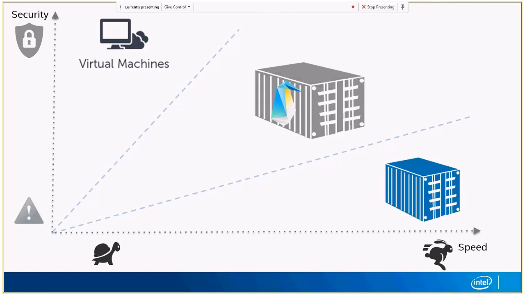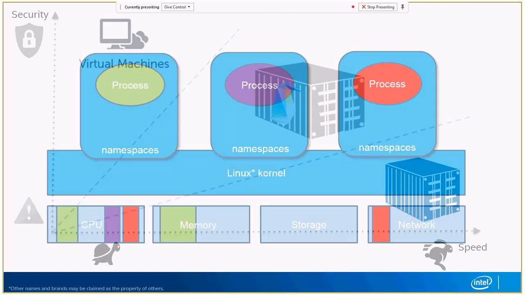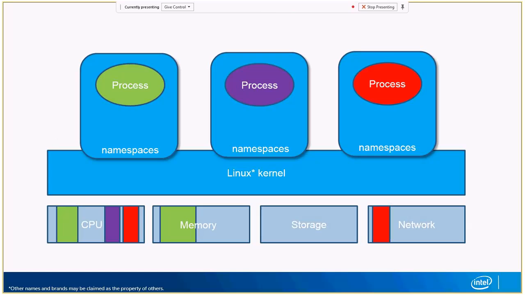So now you can deploy, package and run containers with all the container tooling, but the actual isolation between containers, in the case of Clear Containers, uses the same technology which is used to build out virtual machines.